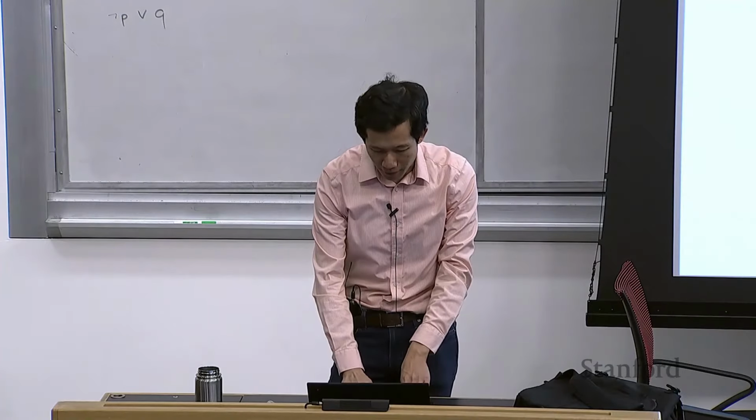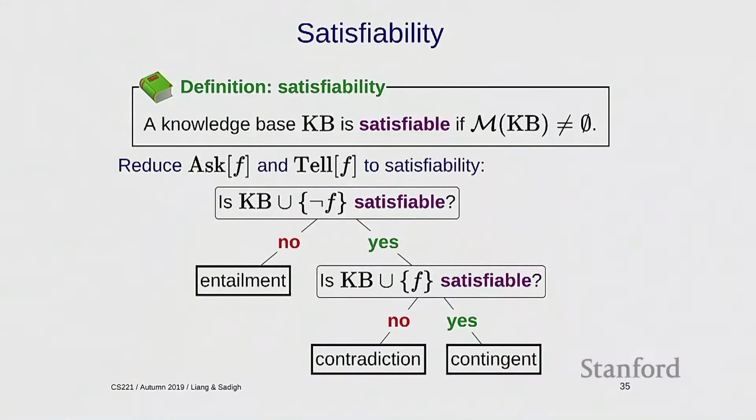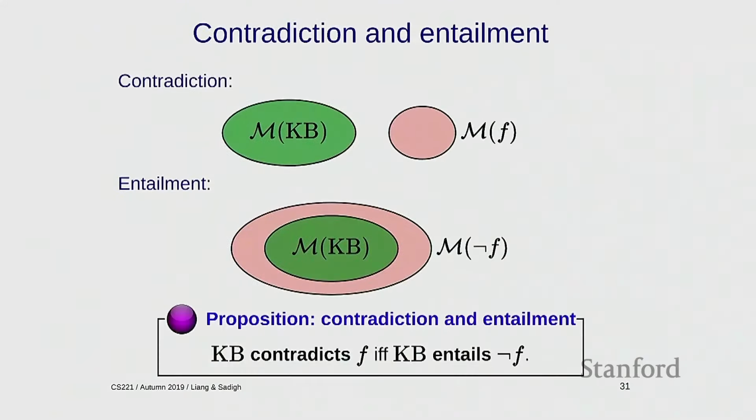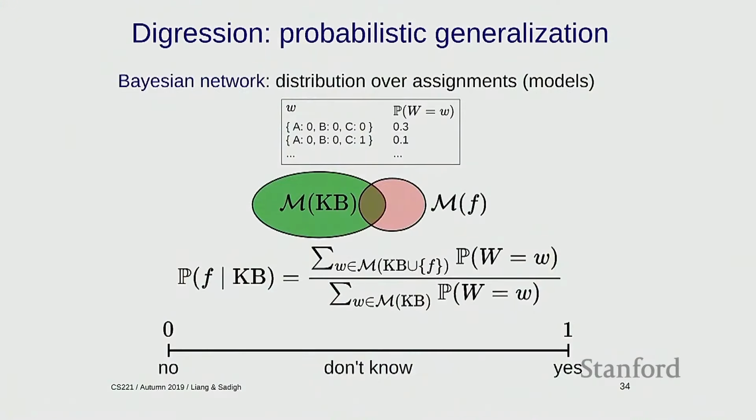Probability of a model, as in way back before? How can we have a probability over a model? So remember a model here is just an assignment to a set of propositional symbols or variables.